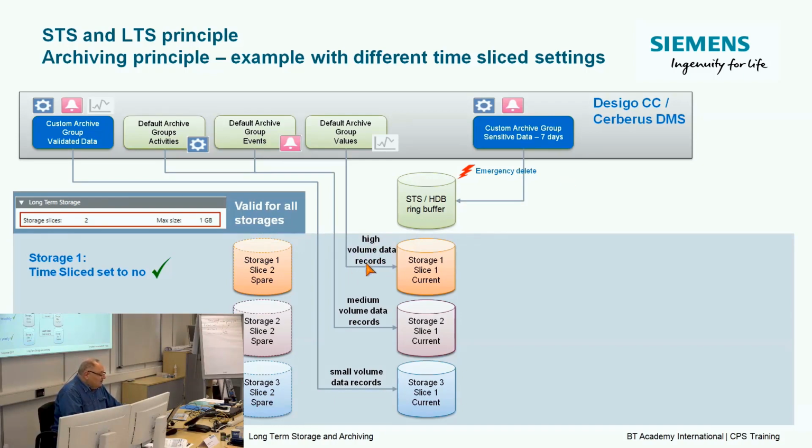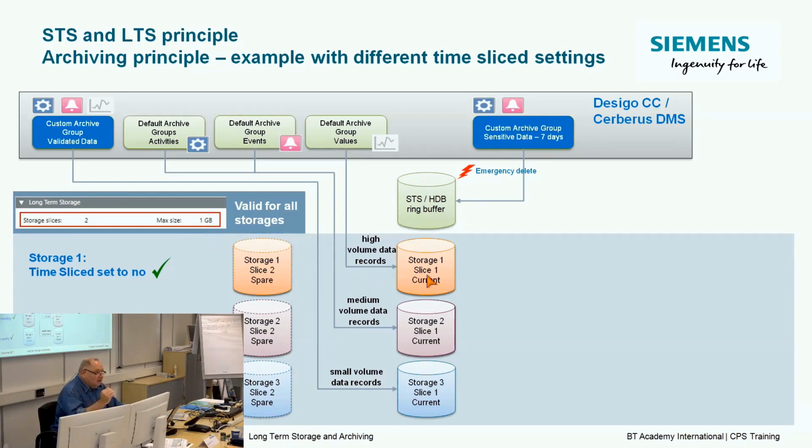So having this kind of situation, a possibility would be to have no time slice set. So the setting is to no. This means I really use the storage volume of the single slice, in this example, 1 GB.